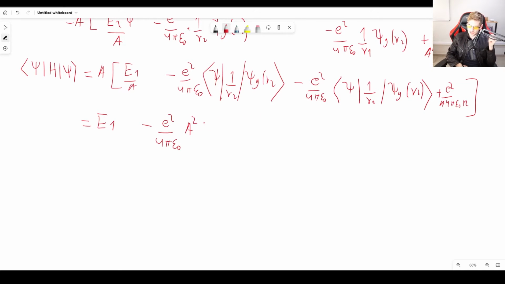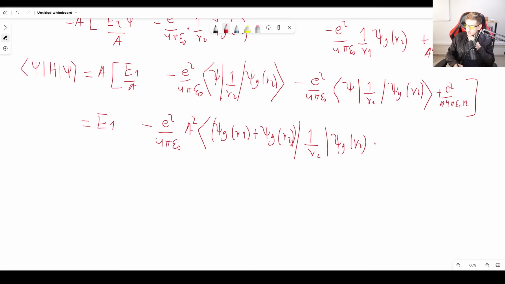So we will get a squared, and then we get psi g of r1 plus psi g of r2, all of this sandwiching 1 over r2 and psi g of r2.